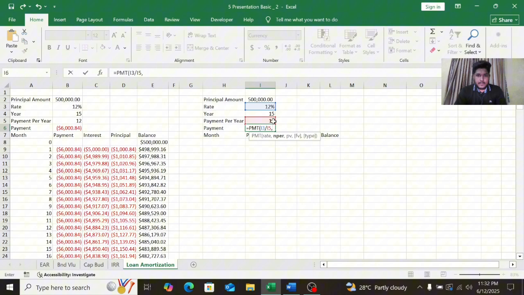The NPER will be 15 years into 12 payments. Then our present value is 5 lakhs, and there's no future value for this one, so 0, and we're going to take it at the end of the period. So, that's it.